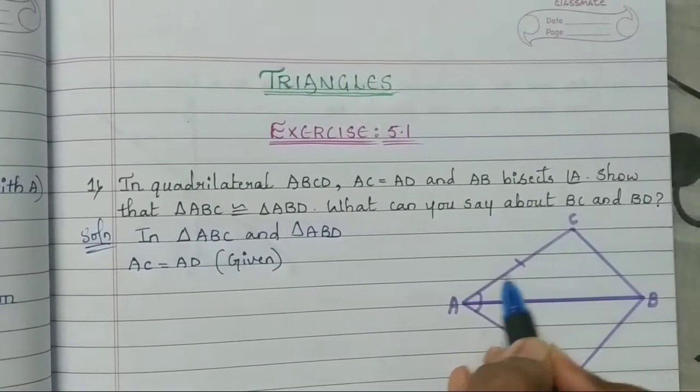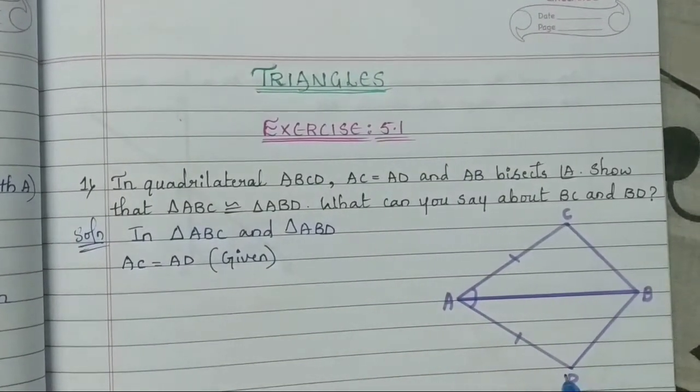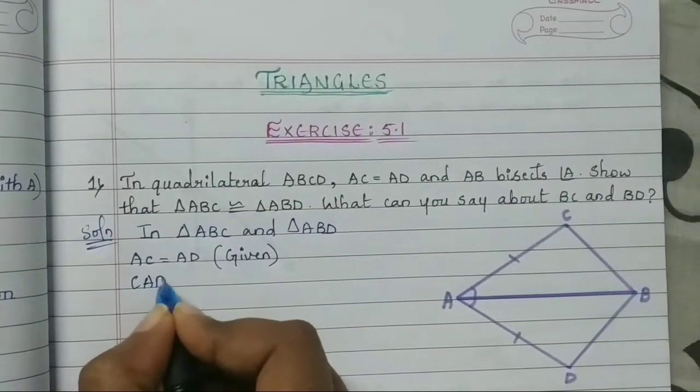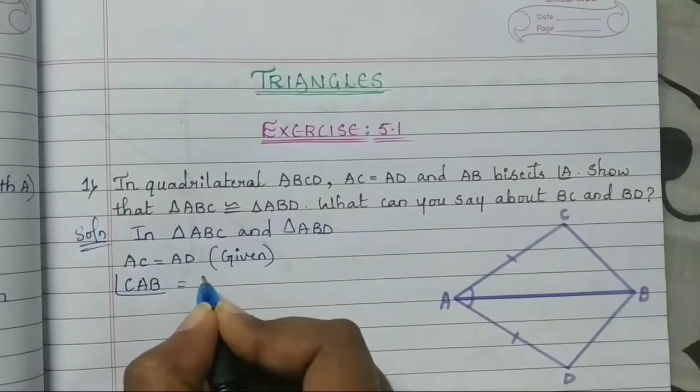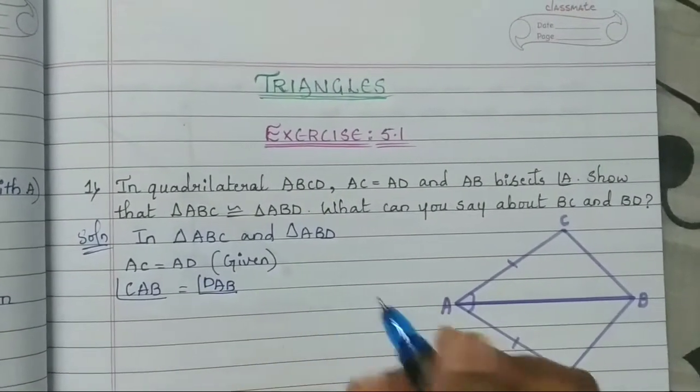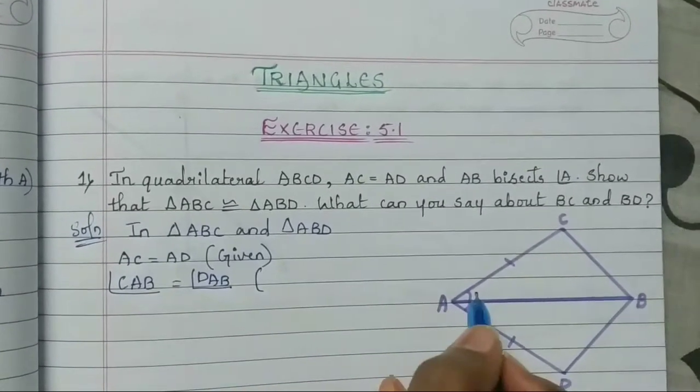Then angle CAB is equal to angle DAB. What is the reason here?